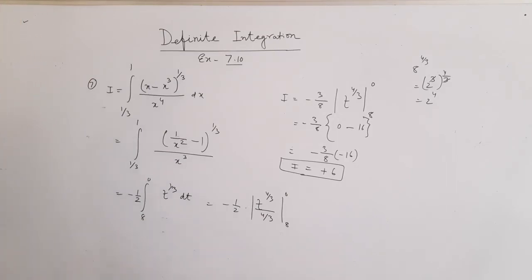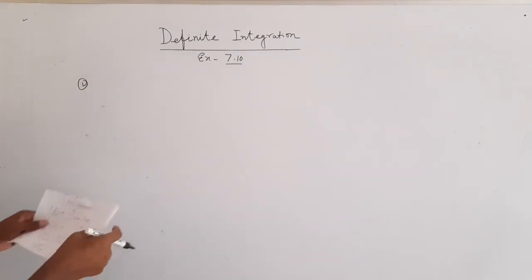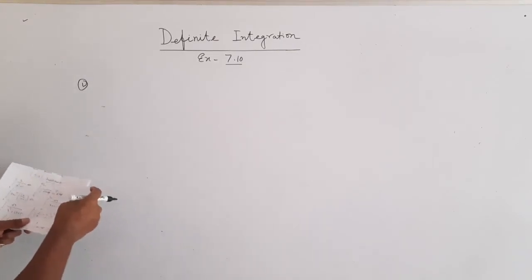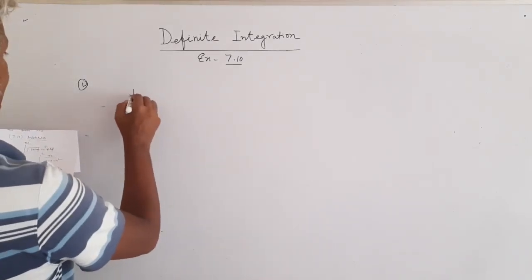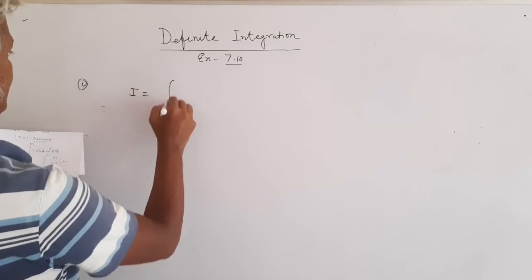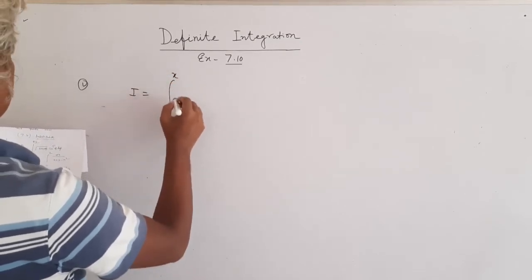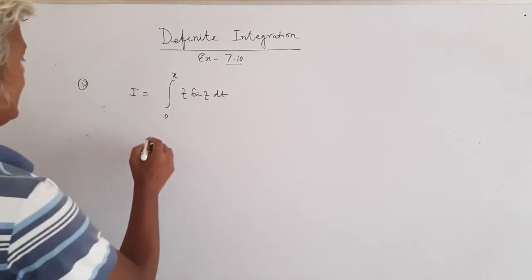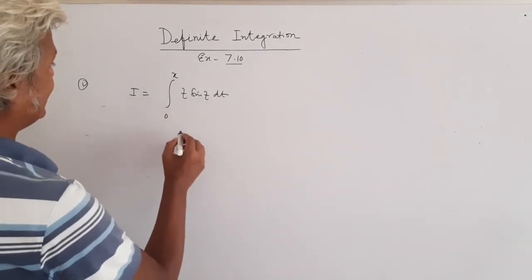This is done. This is, my friend, the last question of this exercise 7.10, but this is interesting. It goes like, if I is, how to find this, integral from 0 to x of t sine t. Now this is integration by parts, so first I integrate directly.